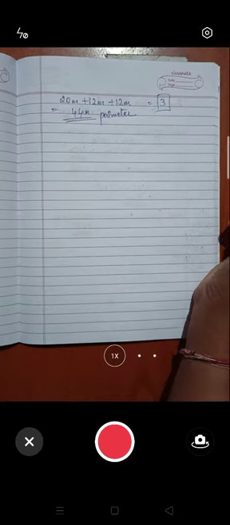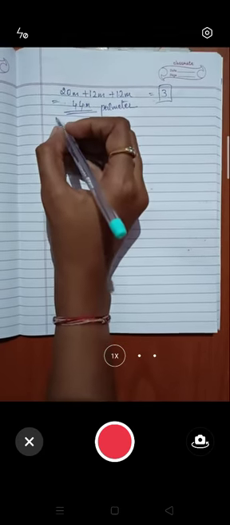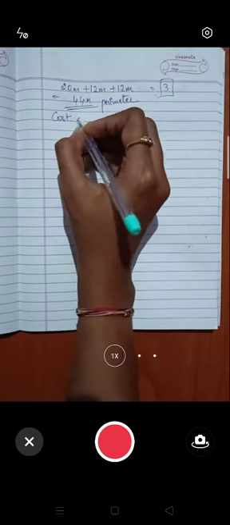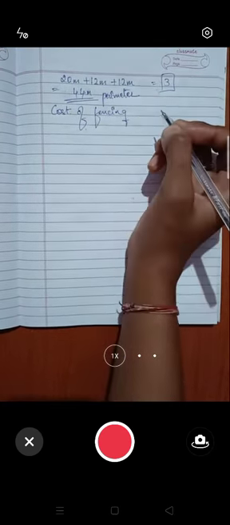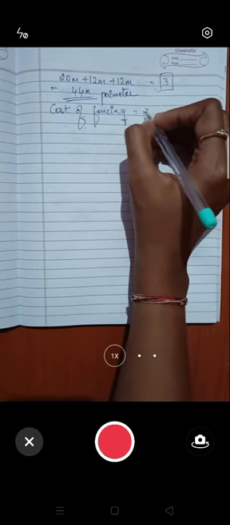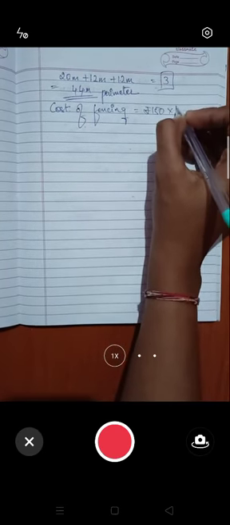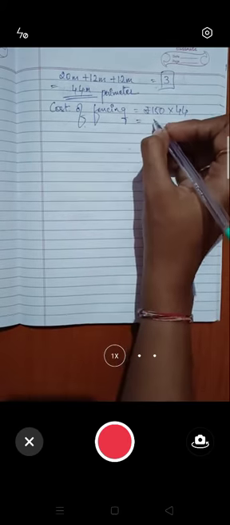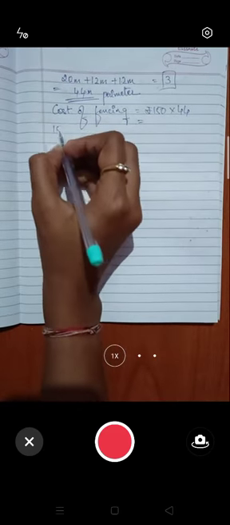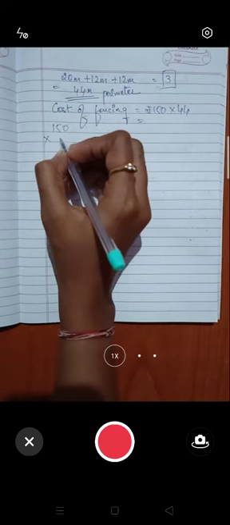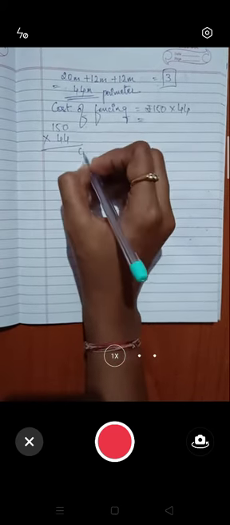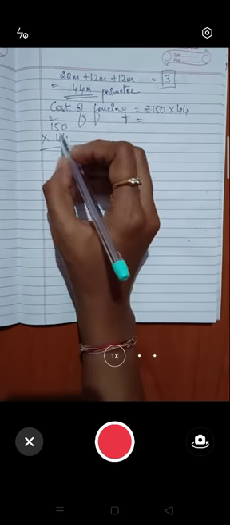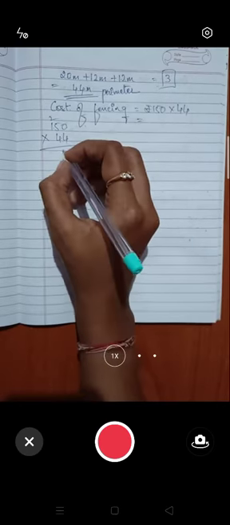Now let us find out the cost of fencing. Cost of fencing is rupees 150 per meter multiplied by the total meter. So let us start multiplying here in the rough. 150 multiplied by 44. 4 zeros are 0. 5 fours are 20, 2 in the carry. 4 ones are 4 plus 2, 6.